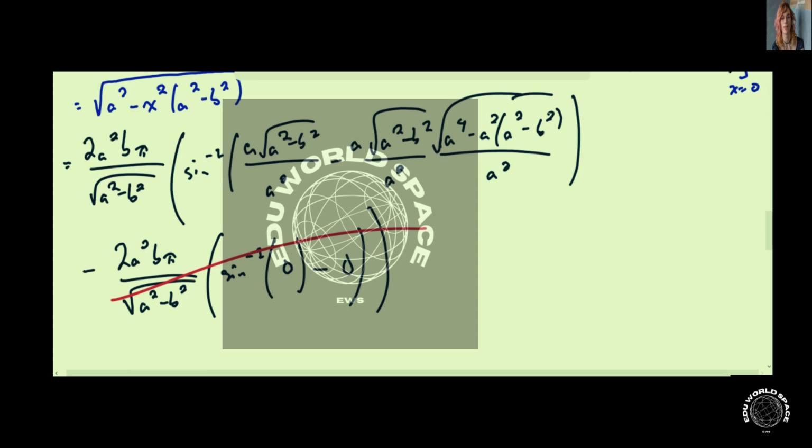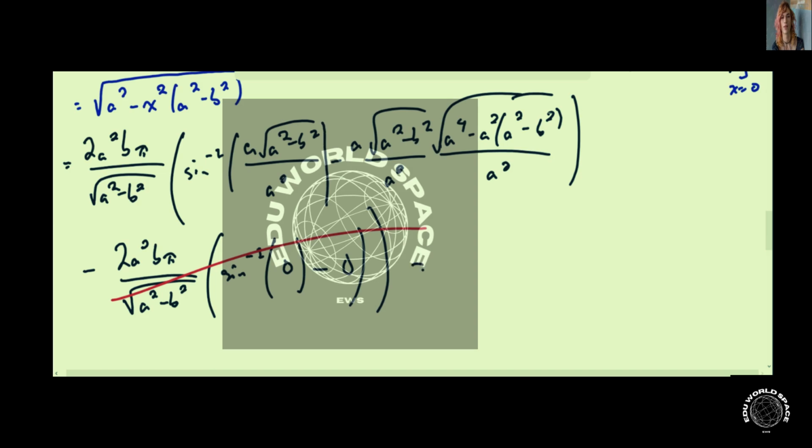And doing all the simplification here, you can cancel out this. Actually, close this parentheses there. Doing all the simplification, canceling out a's, you'll have an arc sine term here, multiplying out all of the roots.